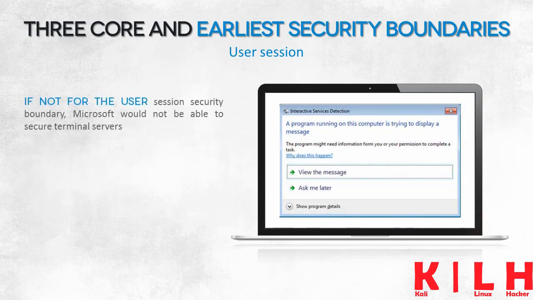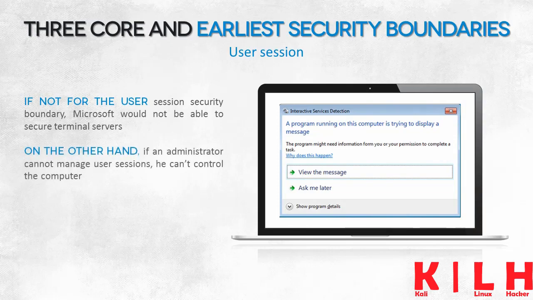We've mentioned that this boundary is of key importance to a terminal server. There is a problem, however. If a user session really defined a security boundary, this would mean that an administrator doesn't have full control over his own computer since he can't interfere with the processes launched by other users. This shouldn't happen.